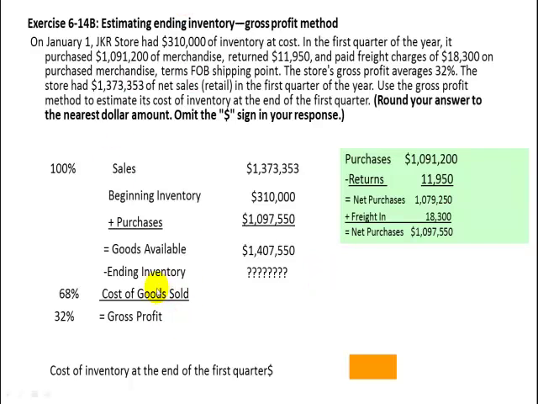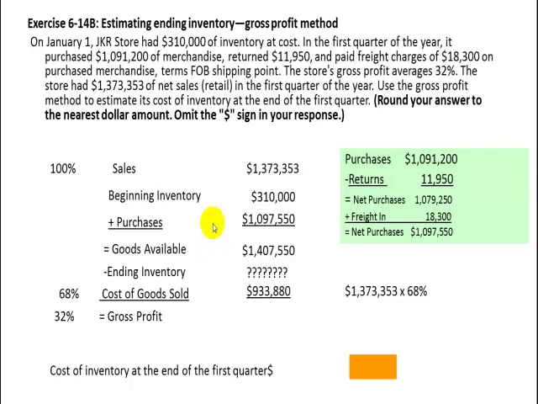We know enough to find out the cost of goods sold, because we just said a minute ago that the relationship of sales to the cost of goods sold percentage and the gross profit percentage, these two pieces really had to equal sales. So we can figure out the cost of goods sold by taking 68% of the sales number, and when we do that, the cost of goods sold ends up being $933,880.